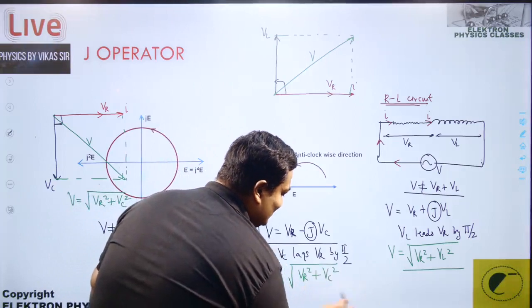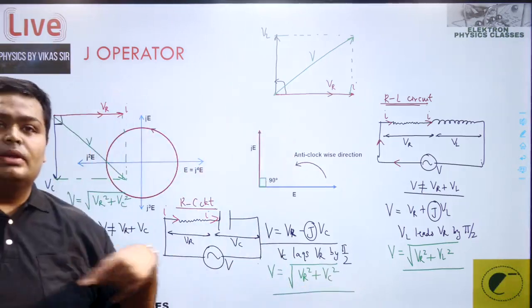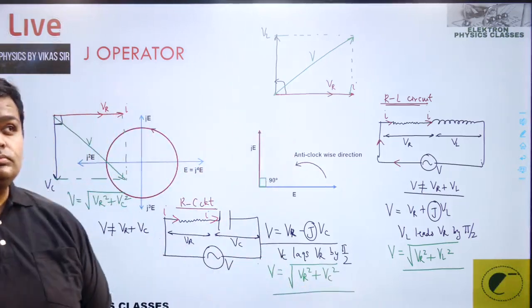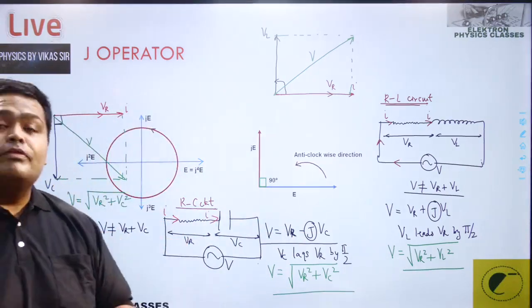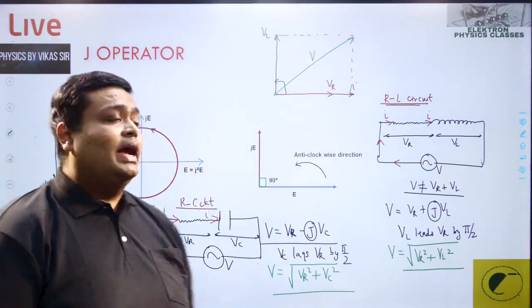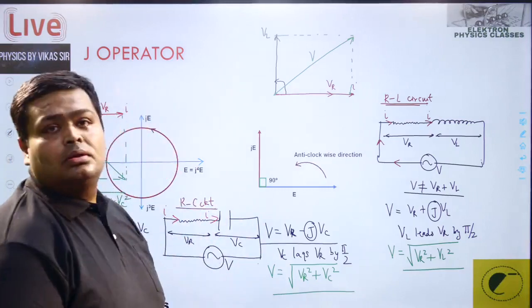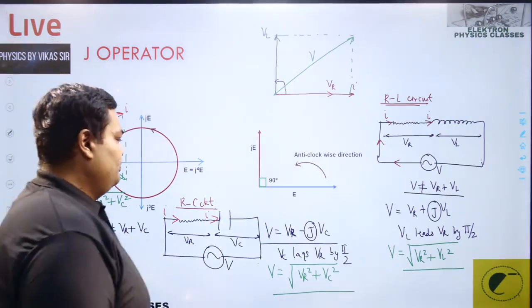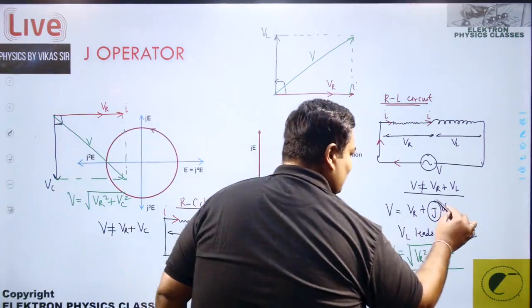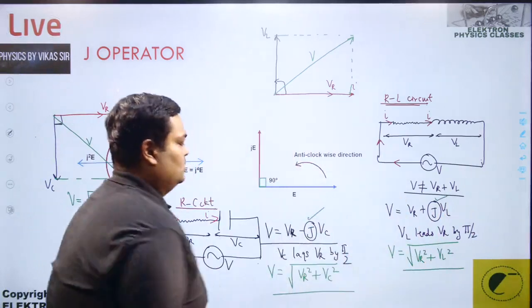So that's easy. What is along the X, what is along the Y? Who is along the X always? Resistance, the way we have created it. And who is along the Y? Either inductance or capacitance.